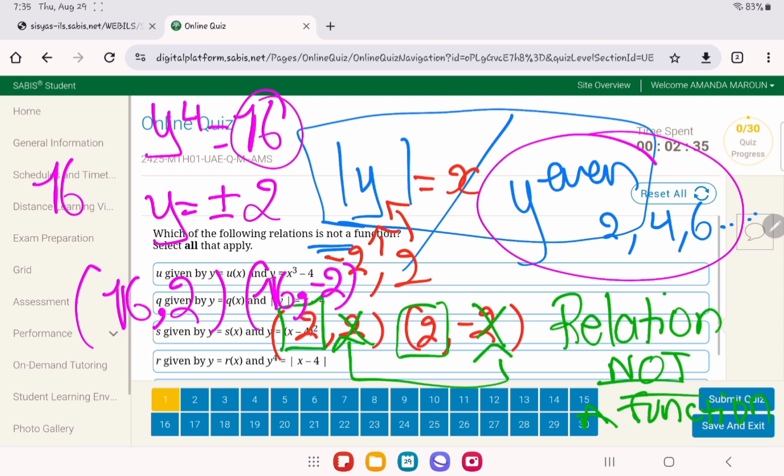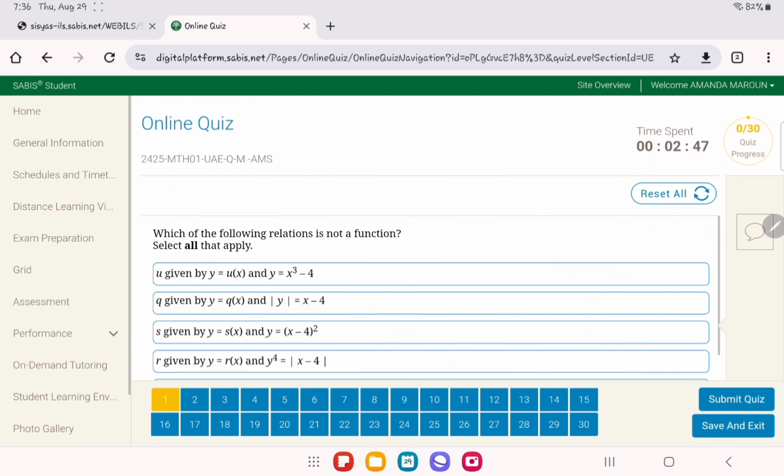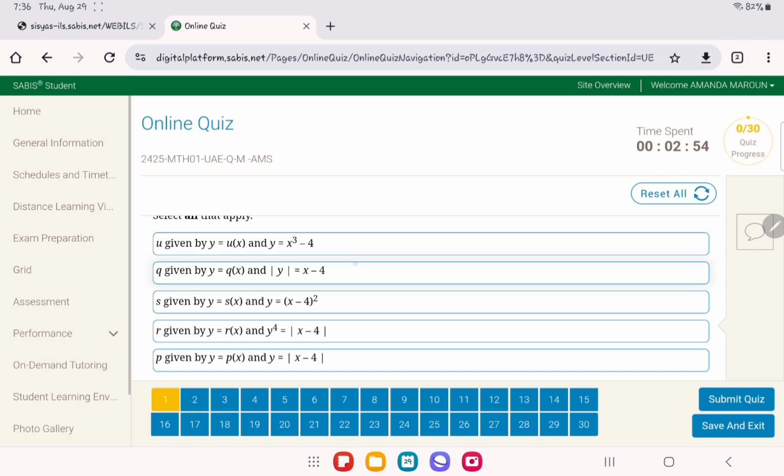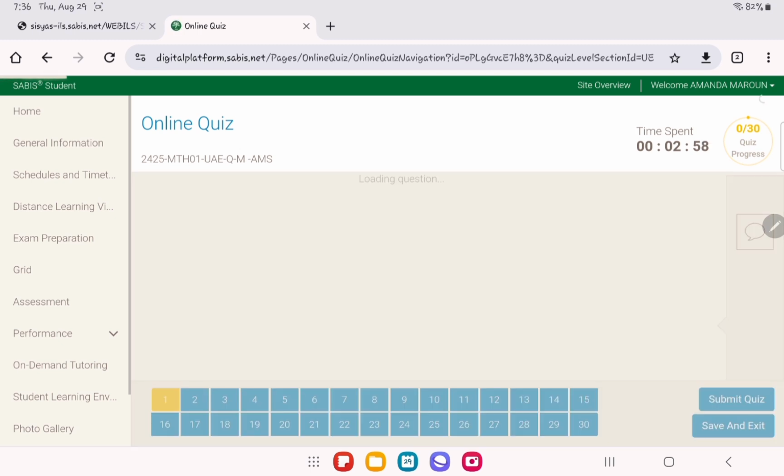So again, we have the same x and different y's, so that means it is a relation and not a function. So if we apply what we just explained, those that are not a function are the ones that have absolute value and the exponents that are even.